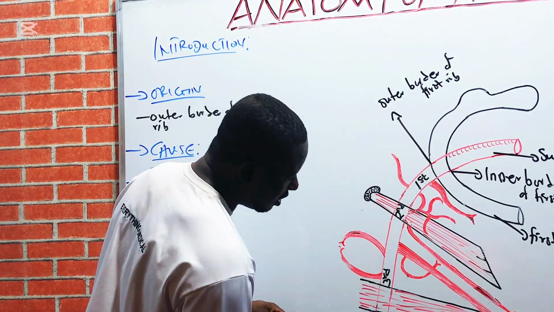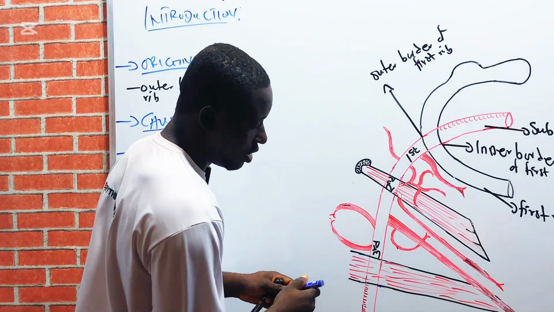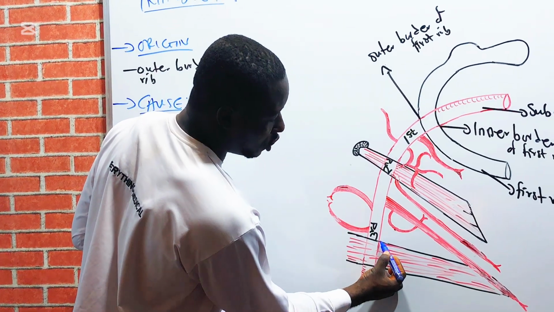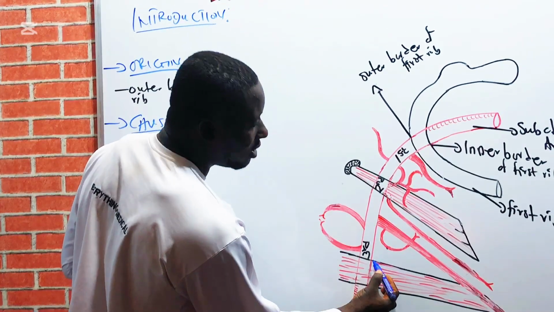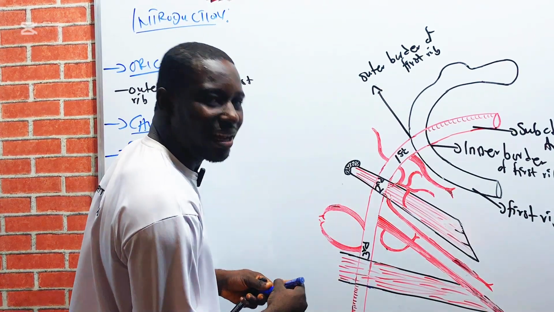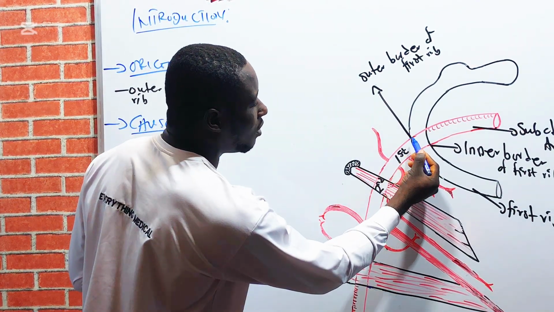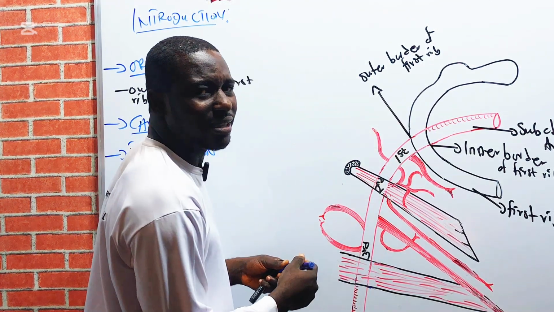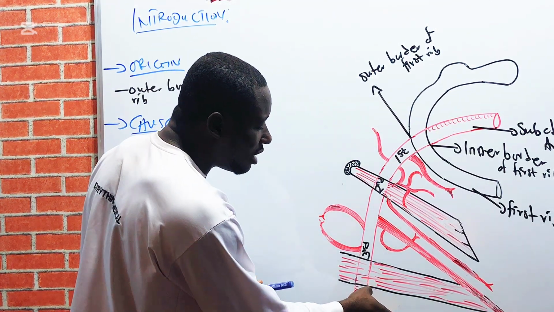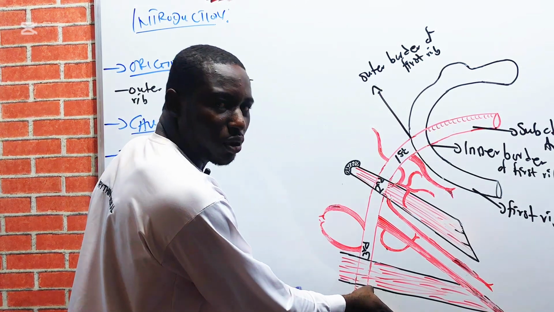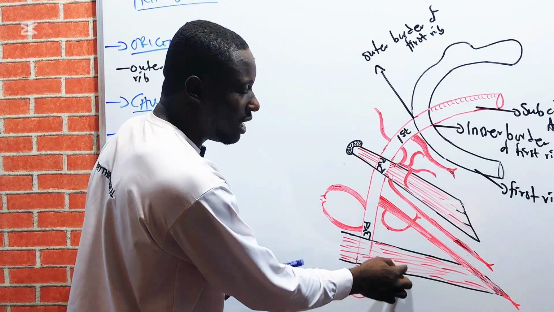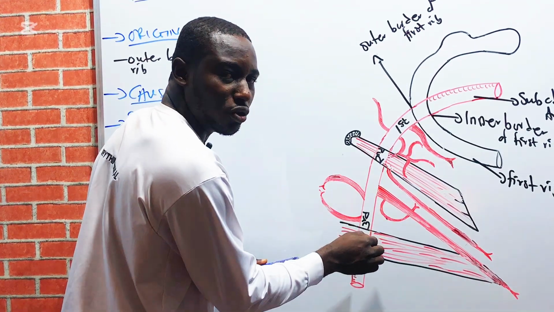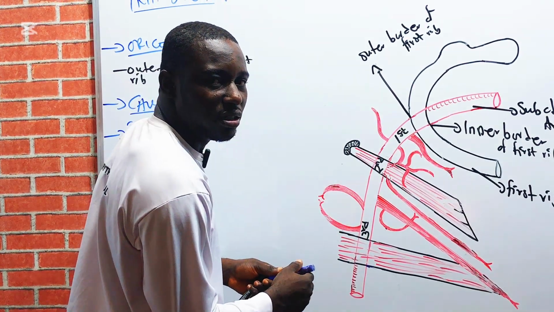This is the teres major muscle. This is the superior border, which is the axillary artery, because from the outer border of the first rib to the superior border is all about the axillary artery. But once it gets to the inferior border or the lower border of the teres major muscle, it becomes the brachial artery.